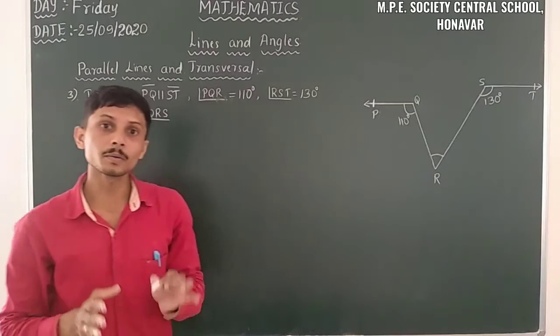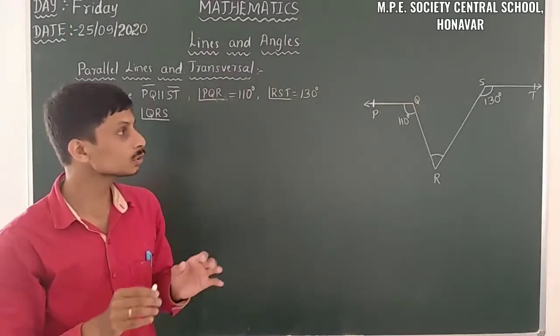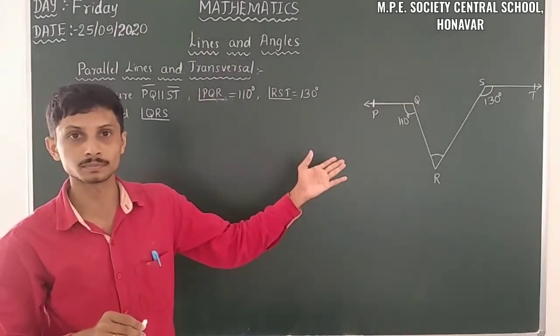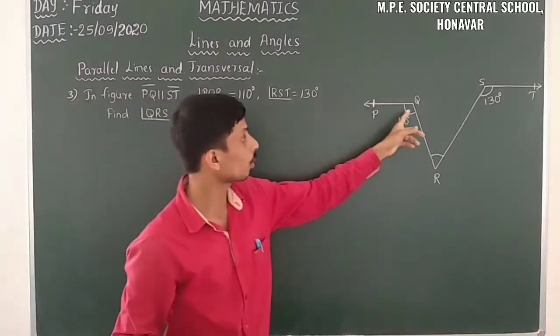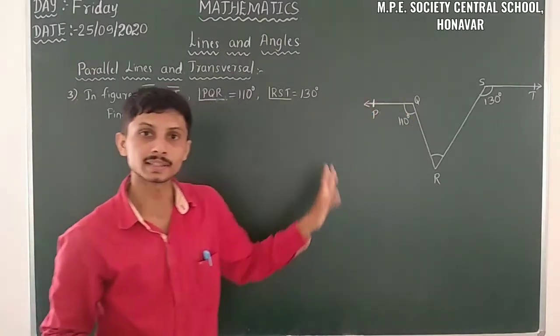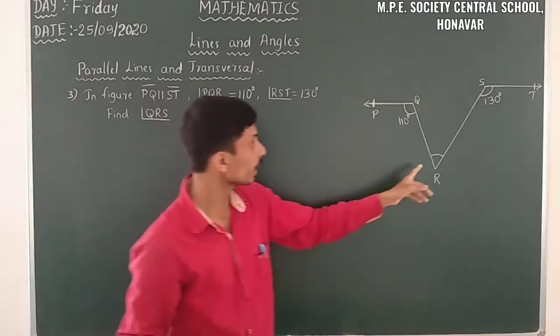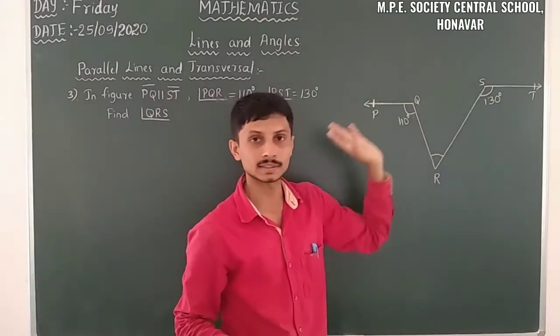So here we have parallel lines, but just observe there is no common transversal between PQ and ST. We have to find out the angle QRS.